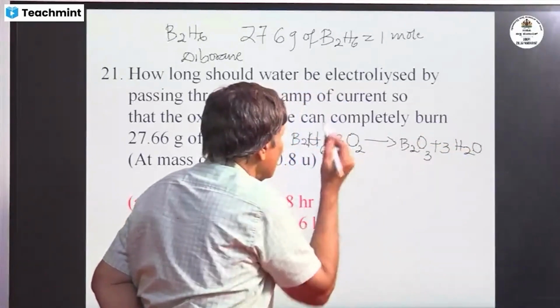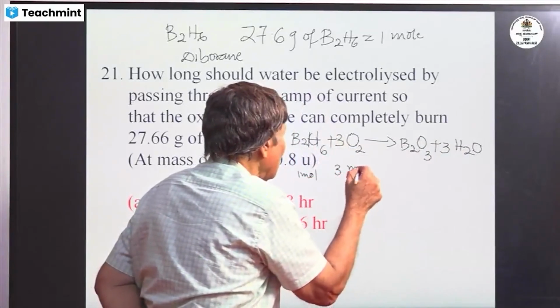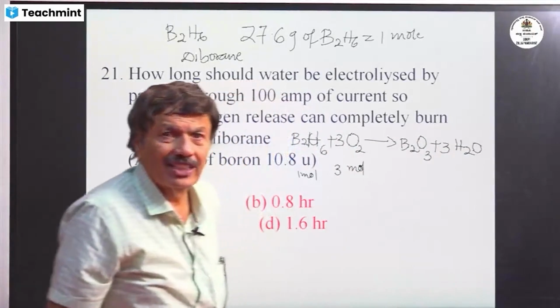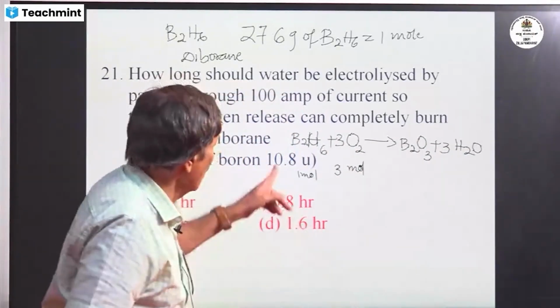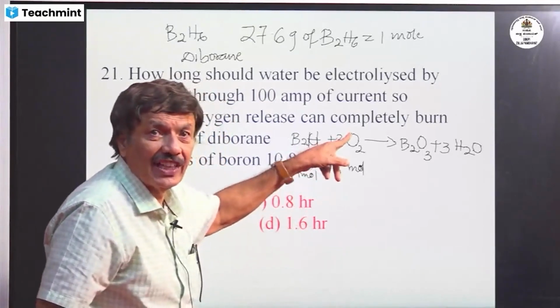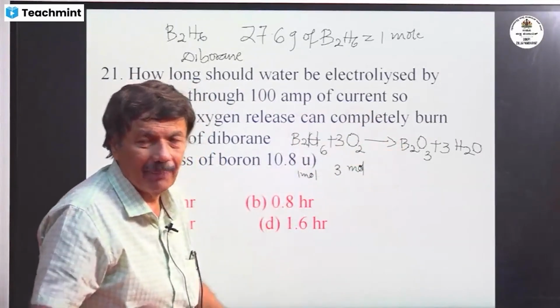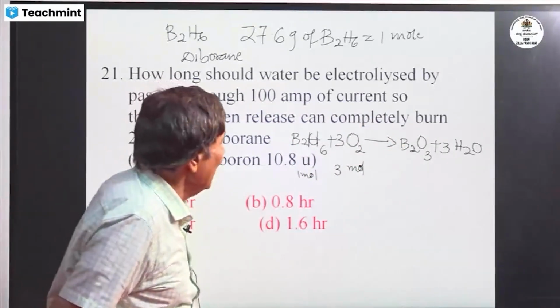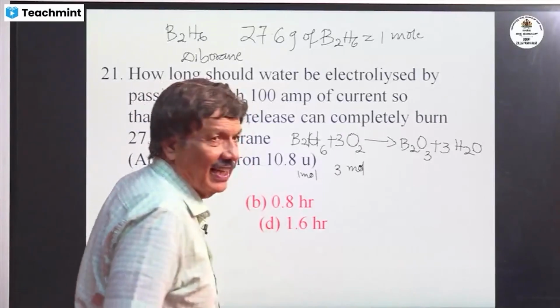So 1 mole of diborane requires 3 moles of oxygen gas for complete combustion.